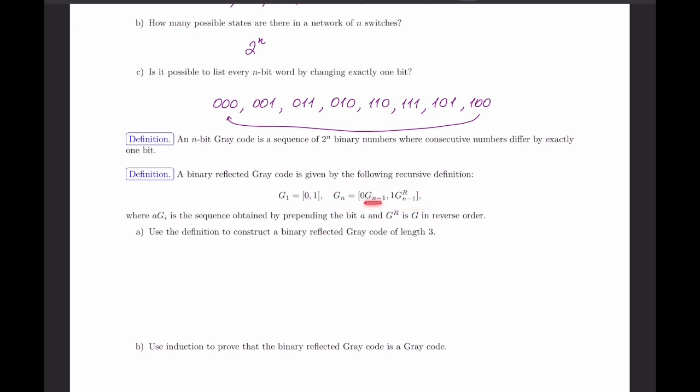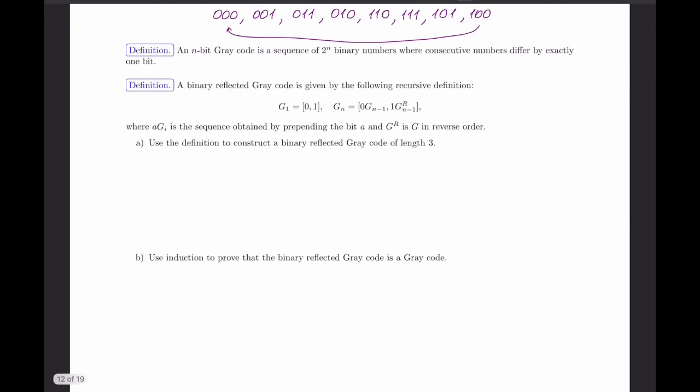I'm going to take the previous Gray code and append a 0 to the front of it. And then I'm going to follow up by reversing the previous Gray code and appending 1 to the front of it. To get a better handle on what these look like, let's actually construct examples of Gray codes up to length 3. So first I'm going to start with my G1, which is 0, 1.